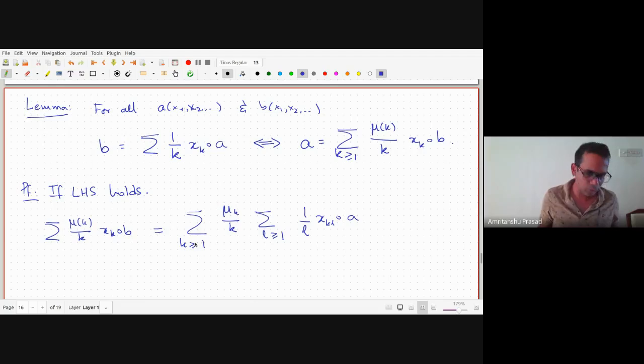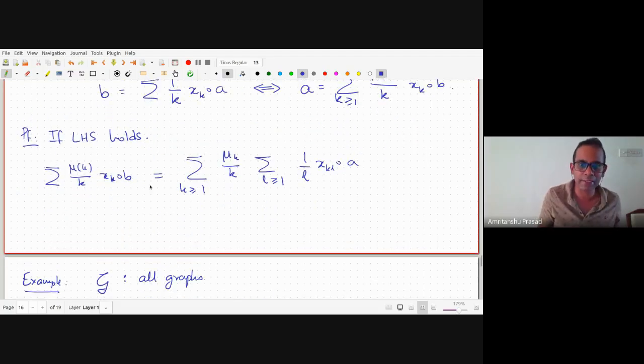And so now if you look at the coefficient of x_n circle A, then this is the sum over k divides n, and then you have μ_k by k, where l is n by k.